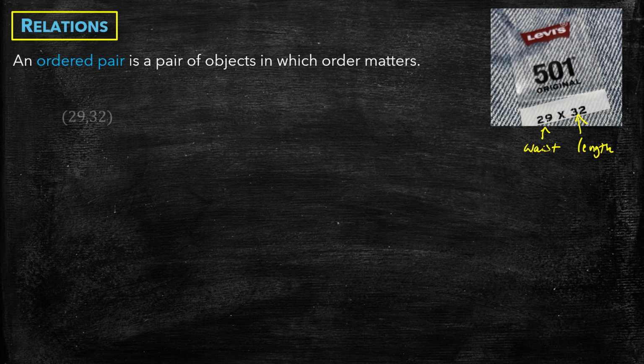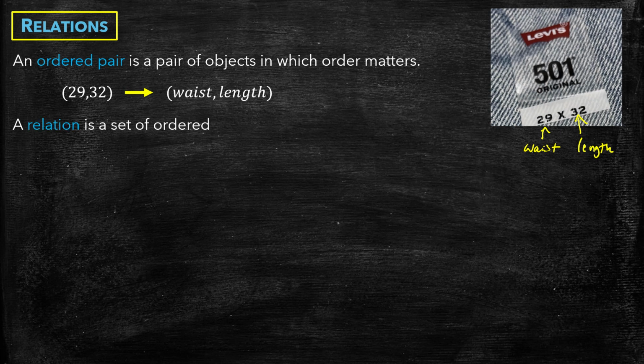So in mathematics, we write an ordered pair with parentheses and a comma like that, 29, 32. And we need to understand that we must specify what the first element of this ordered pair represents and what the second. So a relation is just a set of ordered pairs that share some characteristic. So imagine if I took a bunch of jeans, several pairs of jeans, and went into the changing room.